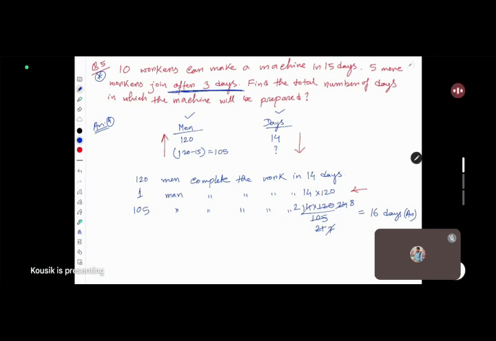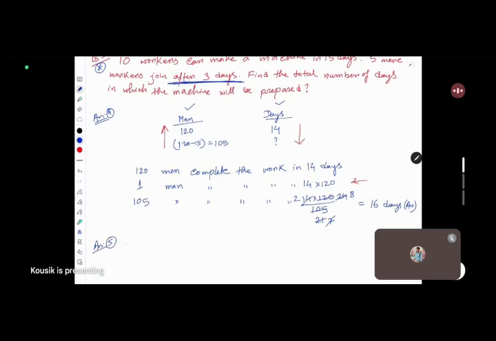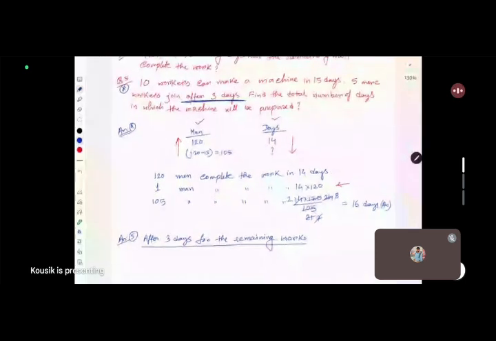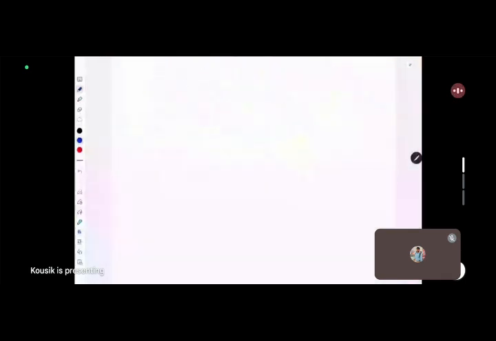So this answer is after 3 days, for the remaining work. Remaining work. After 3 days, for the remaining work, what happened? আচ্ছা এটা দুটো পার্ট হয়ে গেছে.